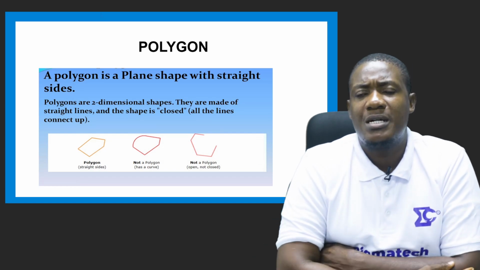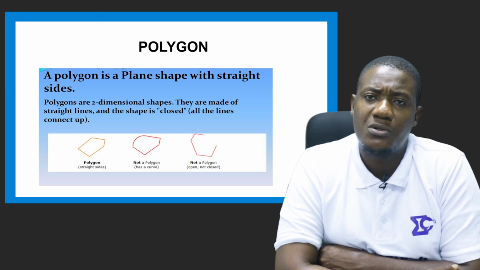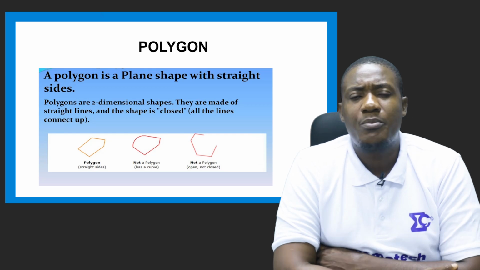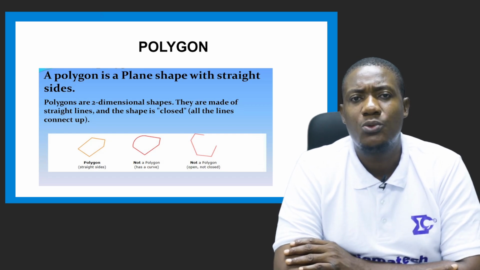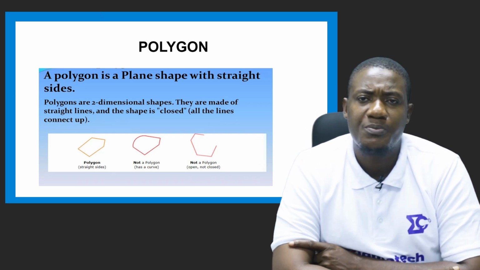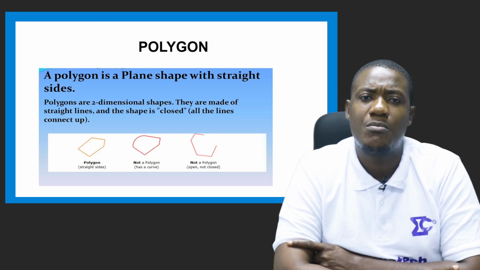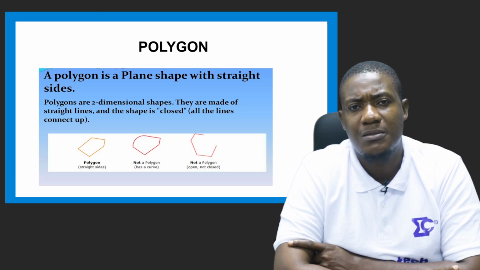Okay, having considered these few quadrilaterals, it's important we look at polygons. What exactly do we mean when we say a polygon? A polygon is a plane shape that is bounded by more than two line segments.